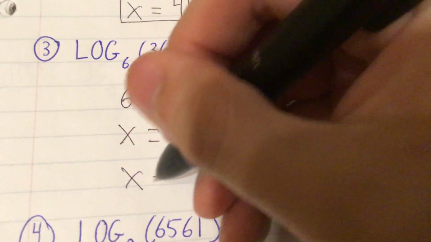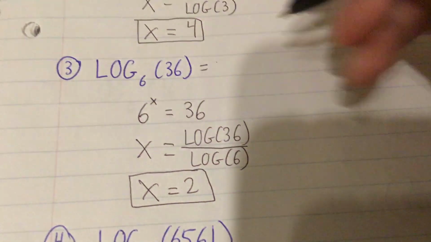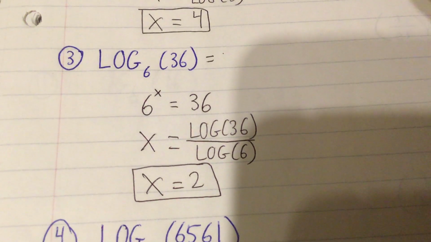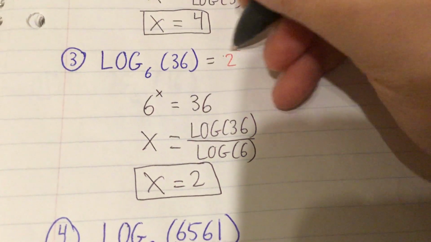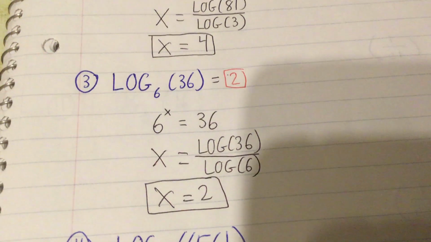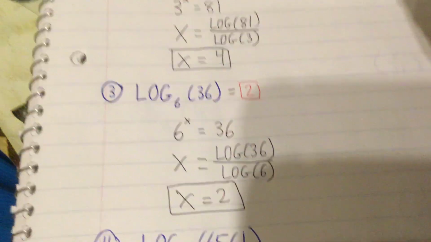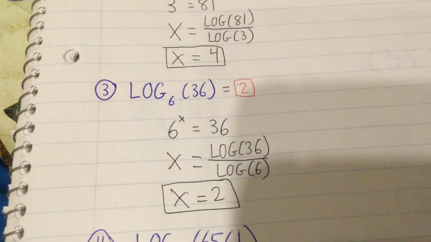I would plug that into the calculator and I would get 2. Okay, so then log base 6 of 36 is 2, because 6 squared is equal to 36. The only reason I'm not pulling up the calculator is just for time, but if you have a calculator on you, that's what you would be doing.